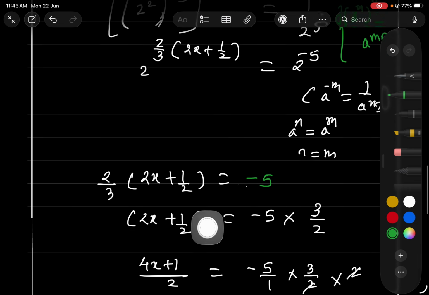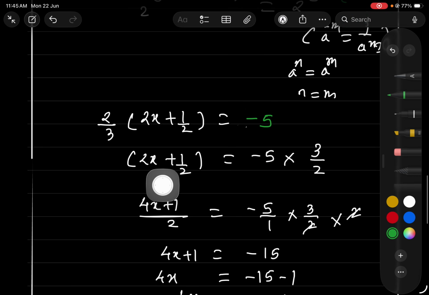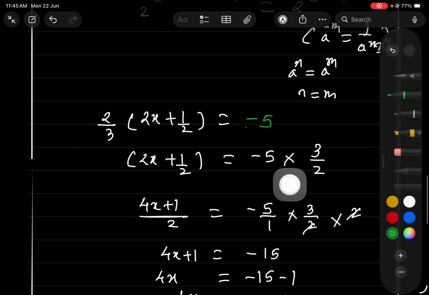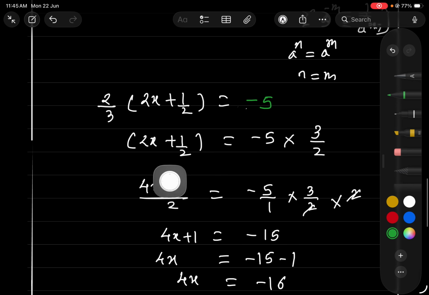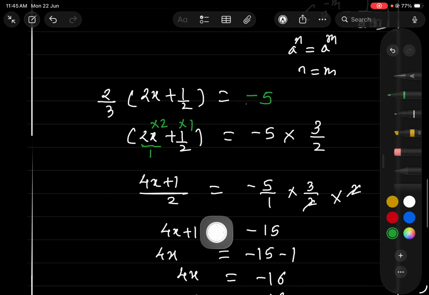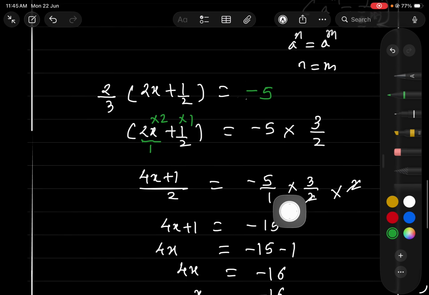Because only the index is equal, now after using this you are getting 2x plus 1 upon 2 in the bracket as it is, and 2 upon 3 transposed to this side, the reciprocal of this is 3 upon 2. Then here the LCM of these two: here you will multiply by 2, here 1. So 4x plus 1 upon 2 equal to 5 into 3.